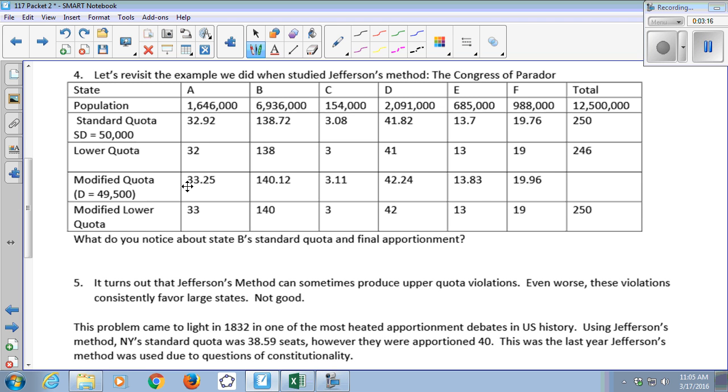What do you notice about state B's standard quota, their exact fair share, compared to how many seats they actually got? It's too many. They got more than their upper quota. The only fair thing to do if your fair share is 138.72 seats is to give you either 138 seats or 139 seats, and we gave them 140. So this is what we call an upper quota violation.